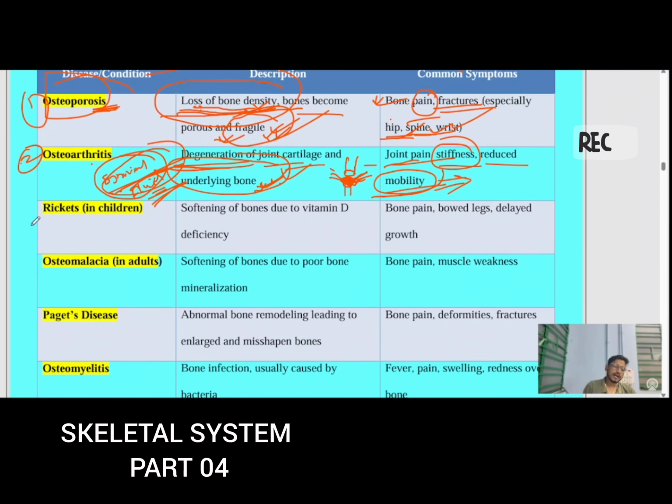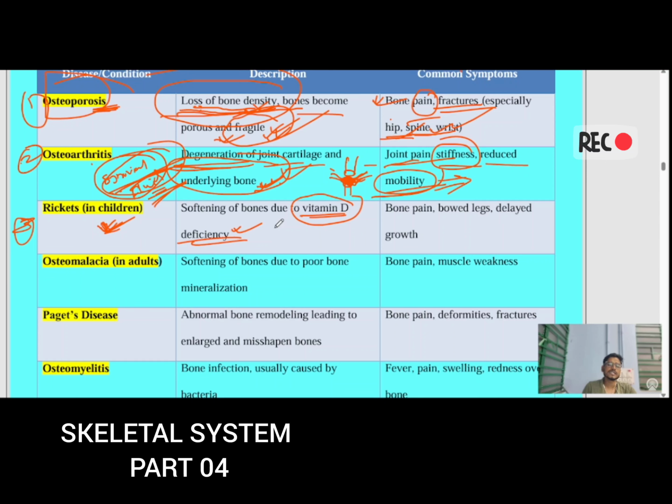Then another disease is rickets. Rickets mainly occurs in children. It is softening of the bone due to deficiency of vitamin D. And why does vitamin D deficiency occur?